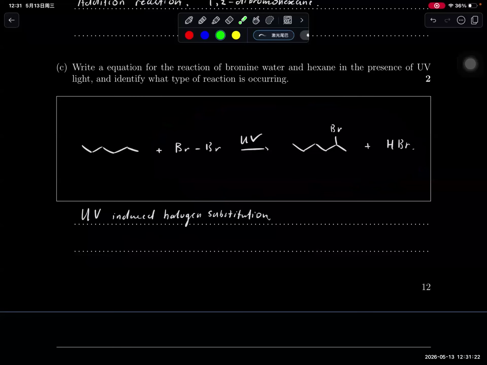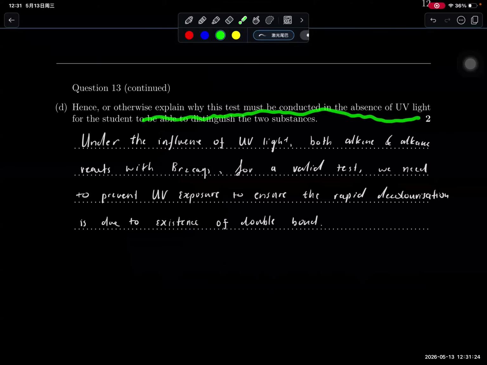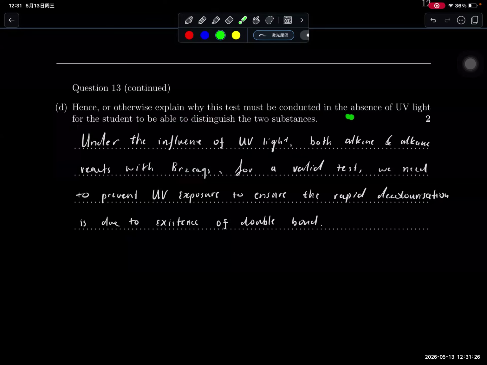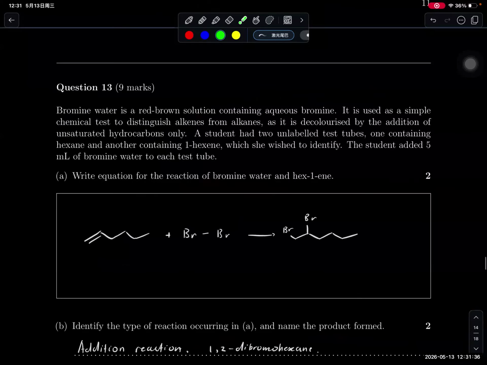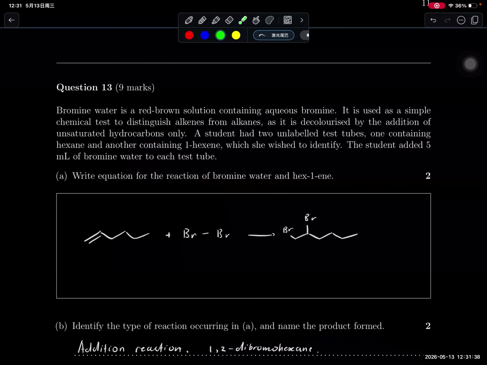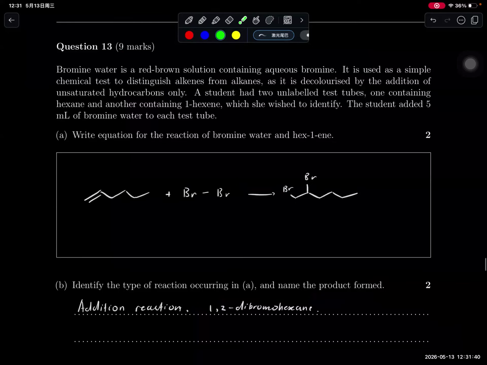Explain why this test must be conducted in the absence of UV light. Absence of UV light means UV light isn't present. We have to distinguish between alkanes and alkenes. Remember the bromine water test? With alkenes, it rapidly changes color, but with alkanes, it doesn't change color.